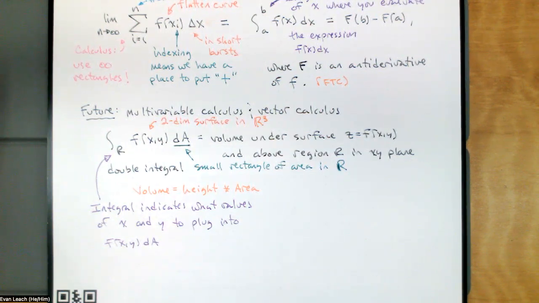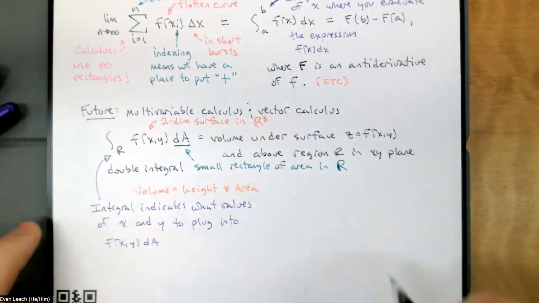So, back to the single variable version. Note that we're using area is equal to length times width, but this works for anything, any multiplication.